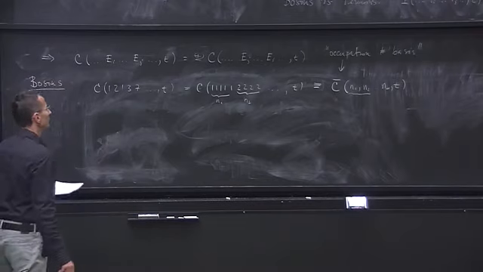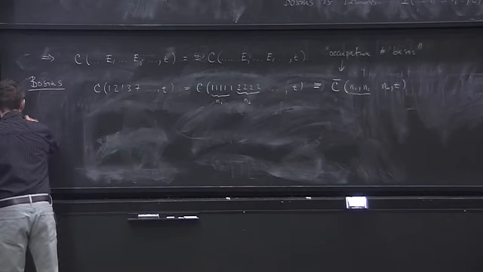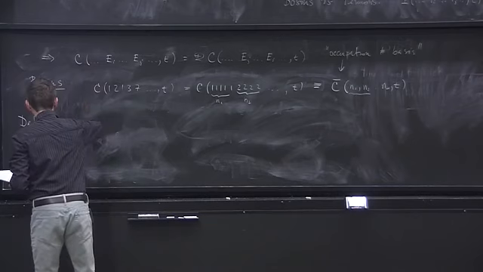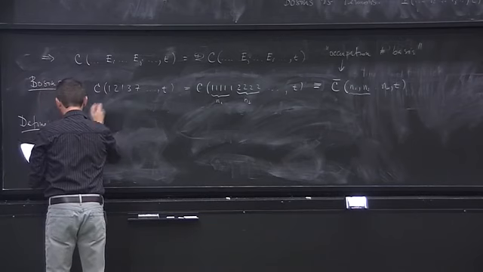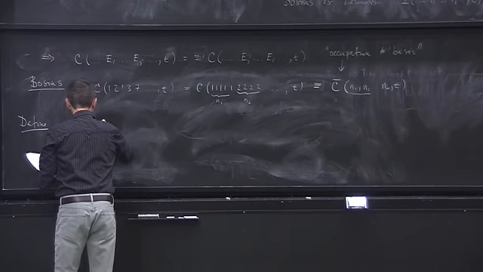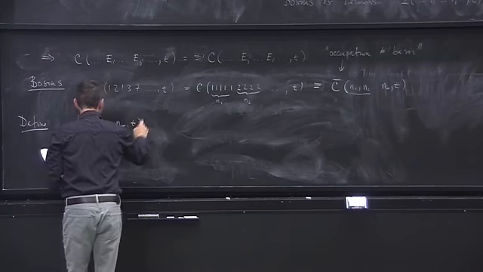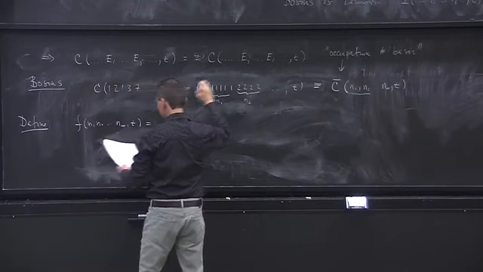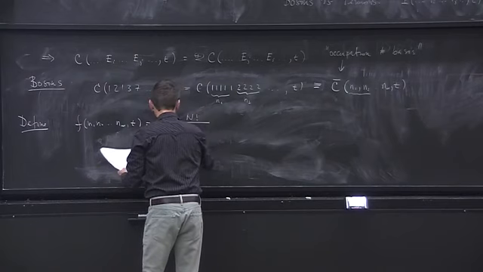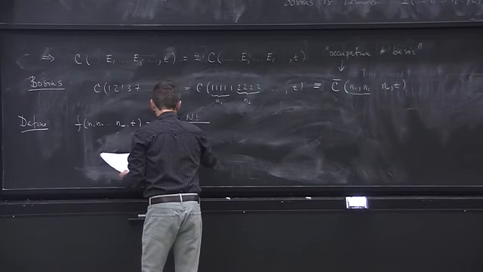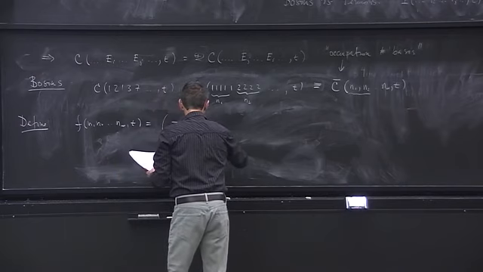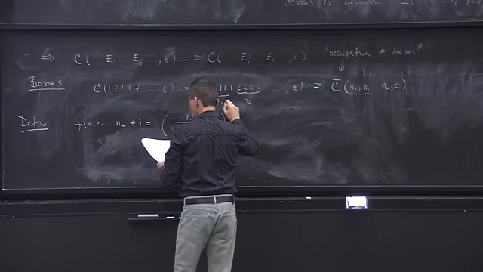For reasons of convenience, one now defines a new quantity that we call f of n1, n2 through n infinity, t, which is simply this C with some combinatorial factor that makes things more convenient. And again, it's a technical point, so I will not really elaborate on that, but for completeness, I just follow the description there.